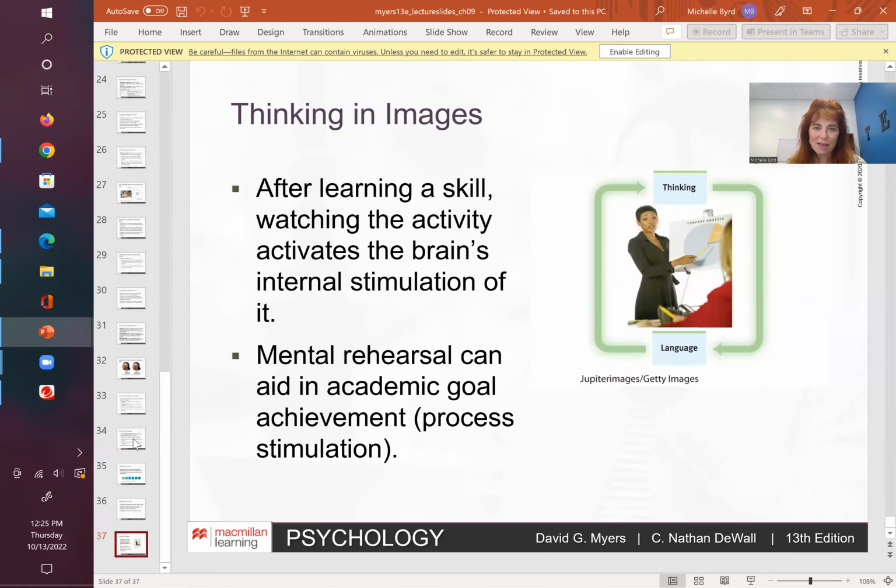Okay, thinking in images. After learning a skill, watching the activity activates the brain's internal simulation of it. So that's pretty interesting.